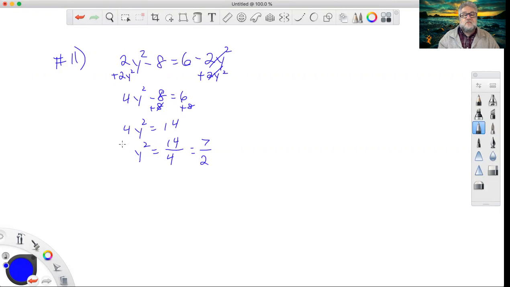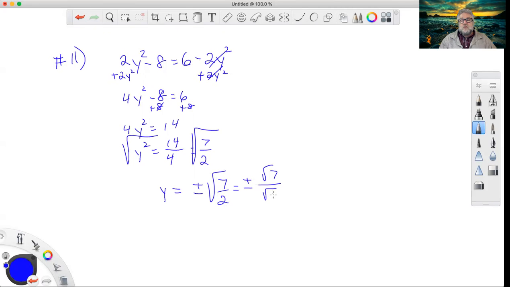And then I'll take the square root of both sides, and we'll get y equals plus or minus square root of 7 over 2. Is that a good answer? No, it is not a good answer, because we can't have a fraction inside here. We can't have an irrational number in the denominator. So this is the same as square root of 7 over square root of 2. And to rationalize the denominator, I need to multiply by square root of 2 over square root of 2.